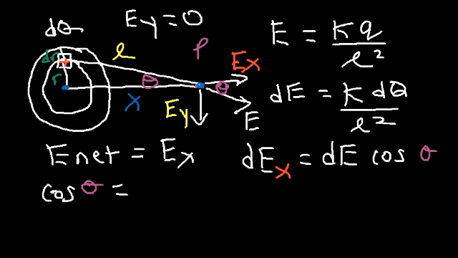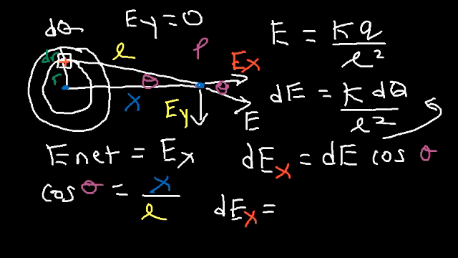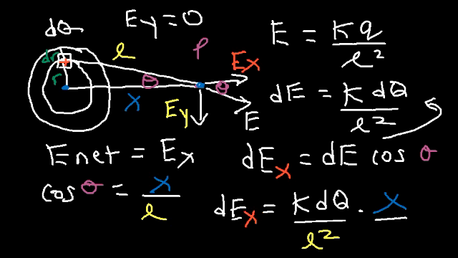So in this case, it's the ratio of x divided by L. So at this point, we can replace dE with the equation that we have here and get an expression for dEx. So dEx is dE, which is k times dq divided by L squared, times cosine theta, which is x divided by L. I mean not L squared, but just x over L.